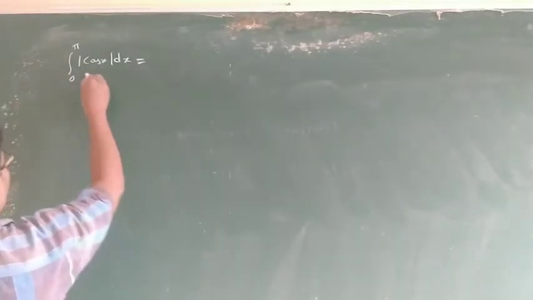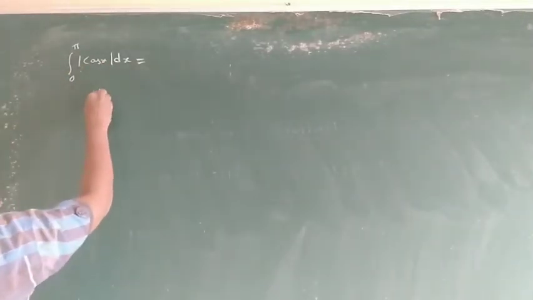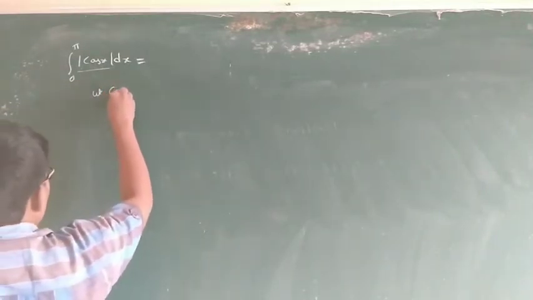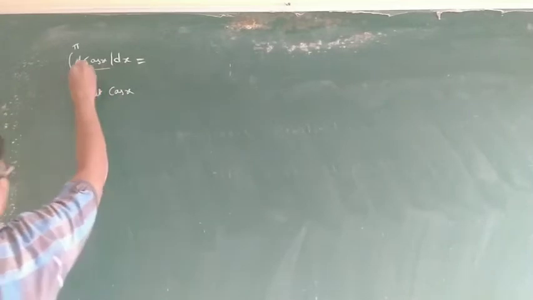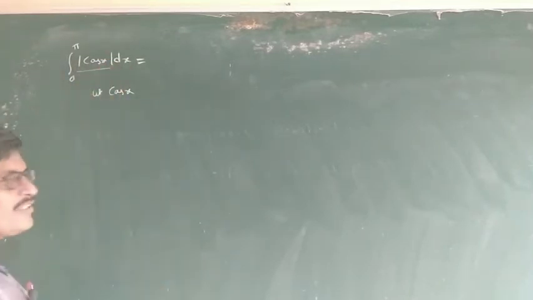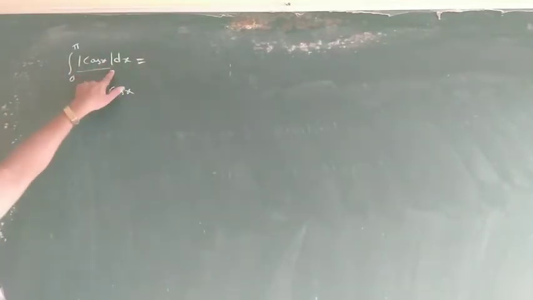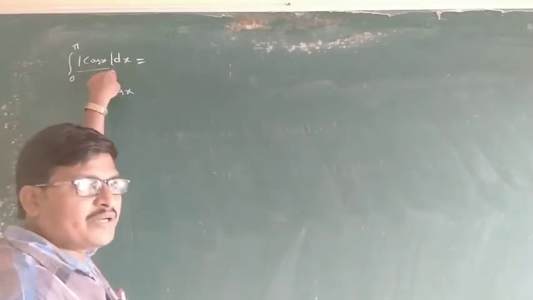So for this problem we have to apply the second method, the actual real method. What is the method? First, let mod x be taken here. Let x be equal to 0, comparing mod x with mod of cos x.